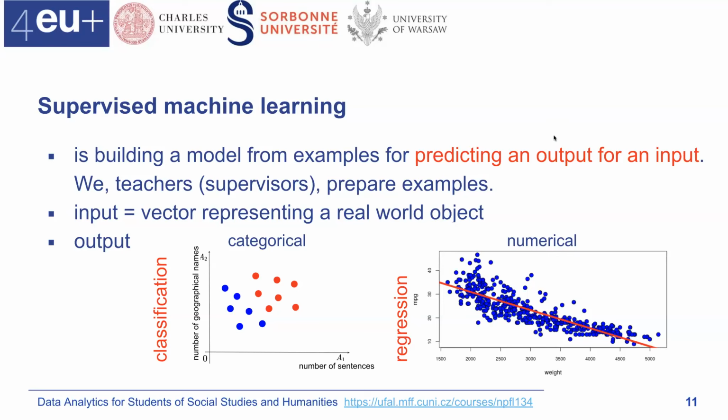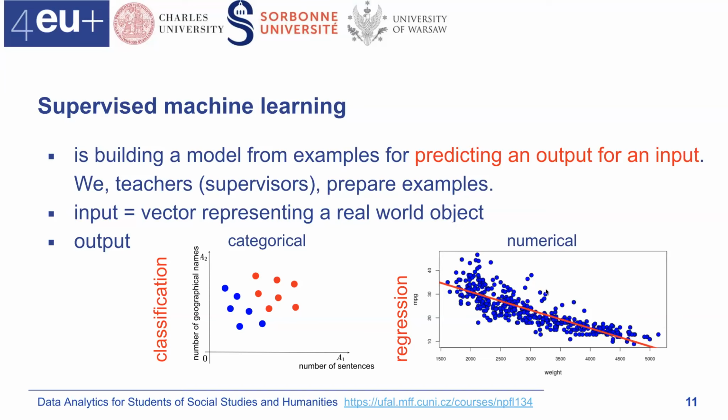And if an output value is a numerical one, then we speak about regression. For example, here in this plot, I should say that these are the examples, the blue and red points, and they represent real world objects. So they represent emails, for example, emails in your inbox.